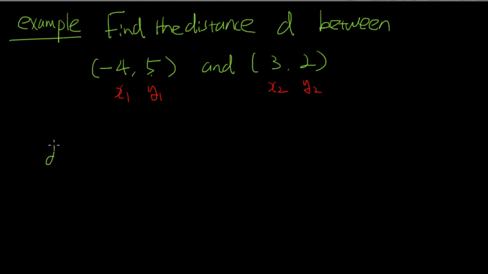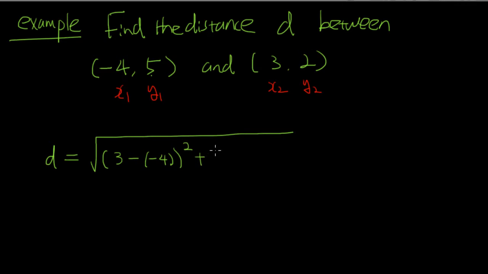So D equals the square root of x2 minus x1, 3 minus -5, squared plus y2 minus y1 squared.